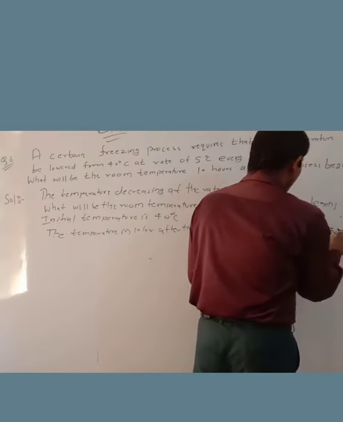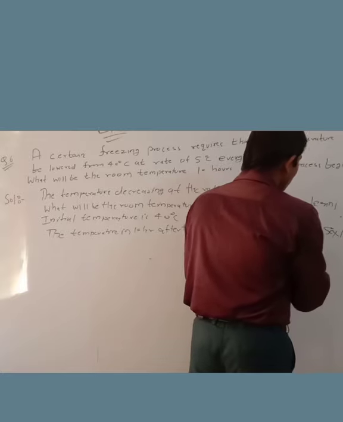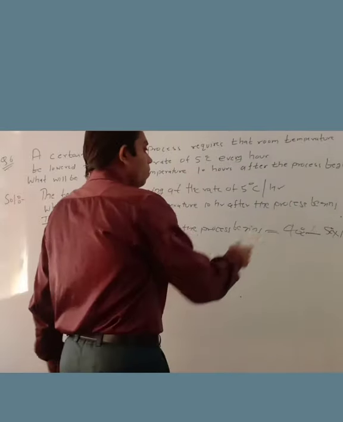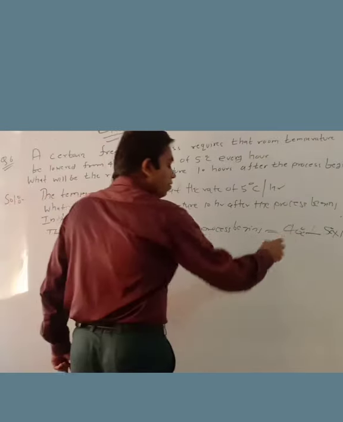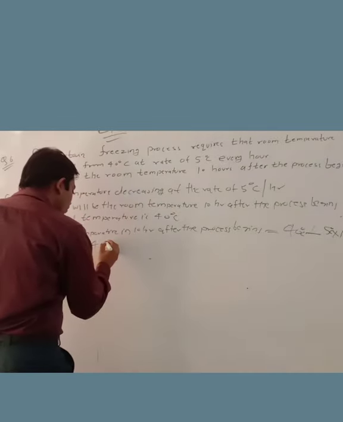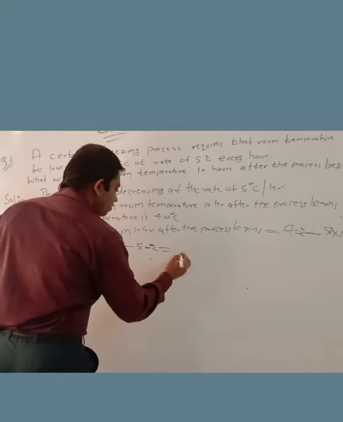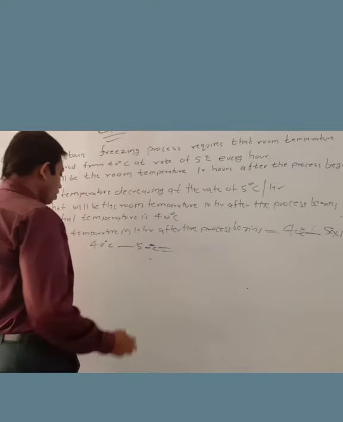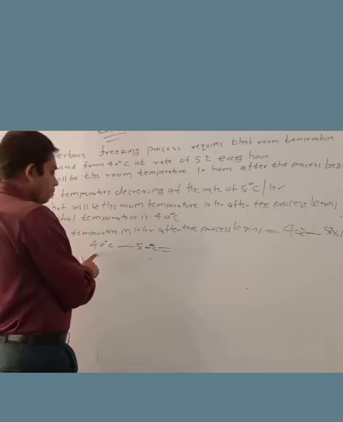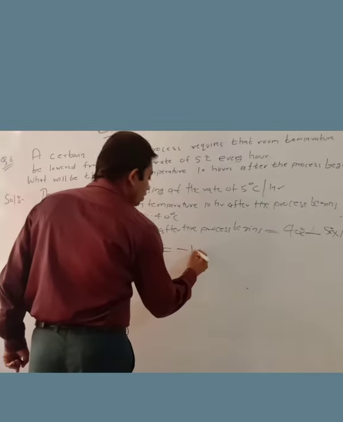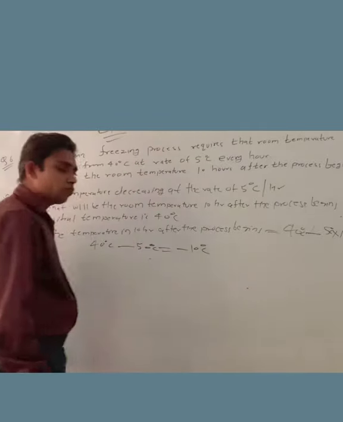So 40 degrees Celsius minus 50 degrees Celsius. So the result will be 50 minus 40, which becomes minus 10 degrees Celsius, my dear student.